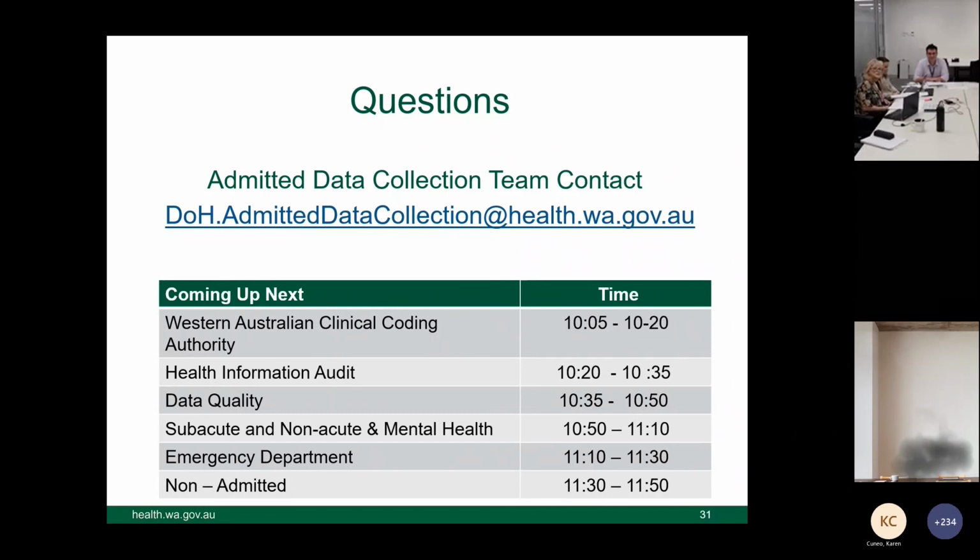Okay, if you're an external researcher, and perhaps you don't have access to that master file, how do you get the data that you want from the hospital morbidity data collection? Yeah, I can jump in here.